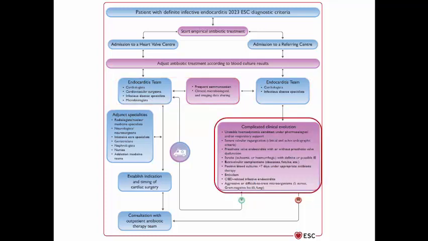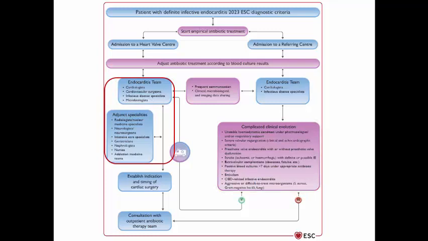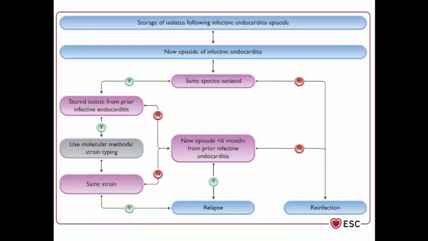Then check for the presence or absence of any complications that may need the involvement of other specialties in the endocarditis team in order to decide whether this patient would need surgery or any other specific treatment. And after the surgery, if the patient is stabilized, we can consider the possibility of outpatient antibiotic treatment.